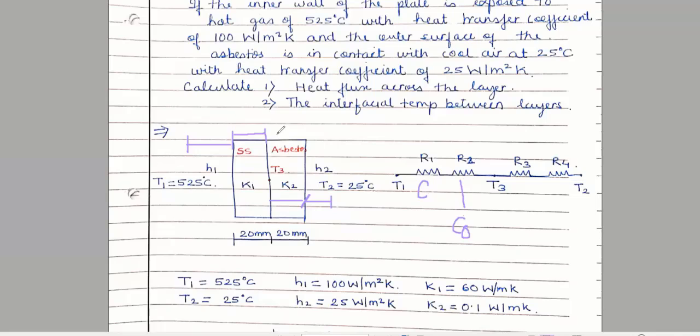From here to here, again the heat will flow through the solid surface, so this is also conduction. And from here to here, it will flow through the air, so this is convection. Very simple. I hope it is clear.